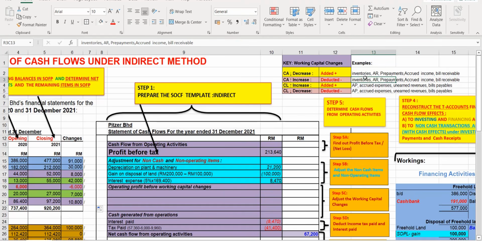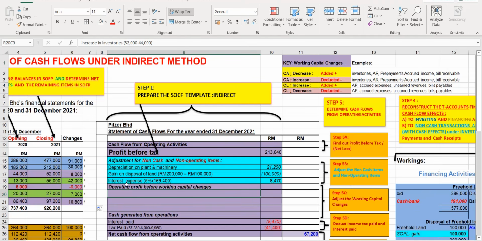Inventories, prepayments, accrued income, and bills receivable are the examples. Then you have your current liabilities. If there is an increase, items like accounts payable, accrued expenses, unearned revenues, and bills payable are items of working capital changes. At the moment, we just have a few things.